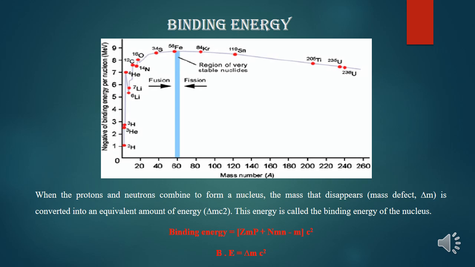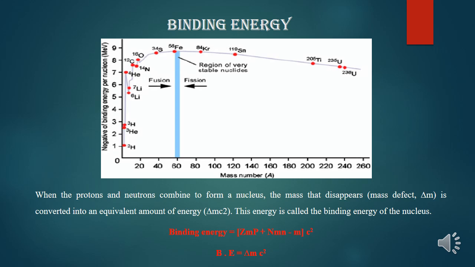For example, helium, carbon, oxygen and neon. The curve becomes almost flat for mass numbers between 40 and 120. Beyond 120, it decreases slowly as the mass number increases.